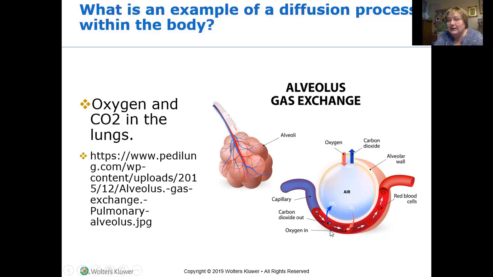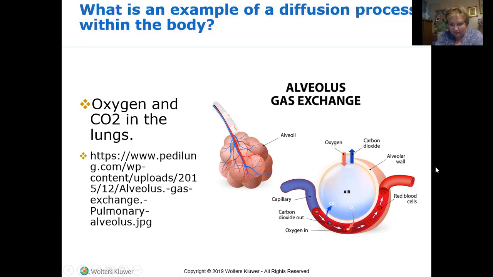So that is an example of diffusion: oxygen going from a high concentration in the alveolus to low within the blood. CO2 is really high right now in the blood, so it's going to travel out into the alveolus. Now our cells are oxygenated, and they're going to go back to the left side of the heart and then out through the body.